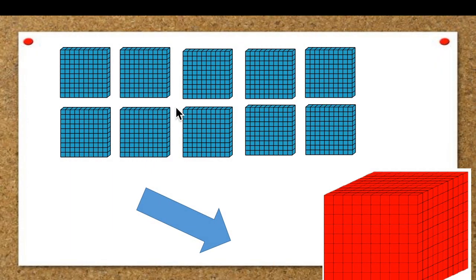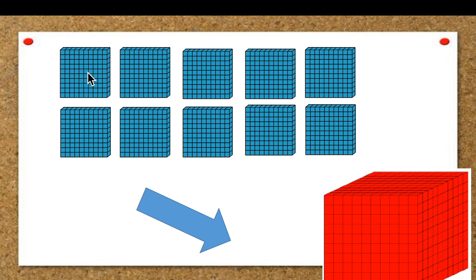Now, if you have 10 blocks of hundreds, they will make 1,000. Can you see that big block? 1,000.